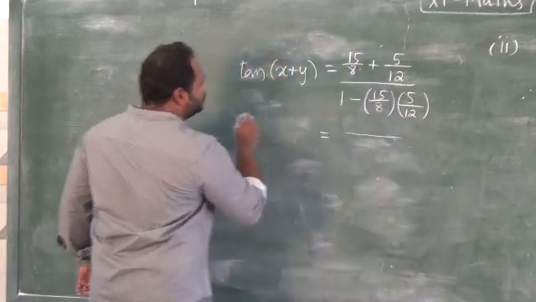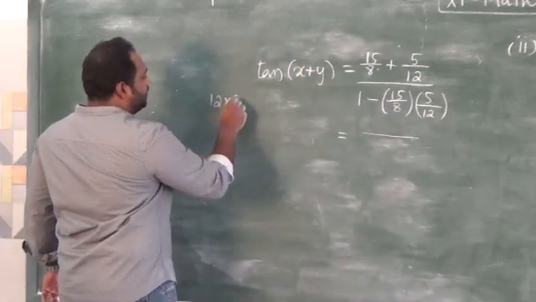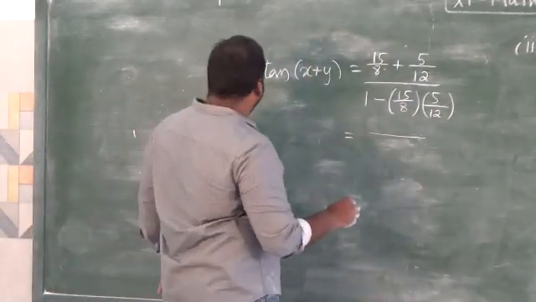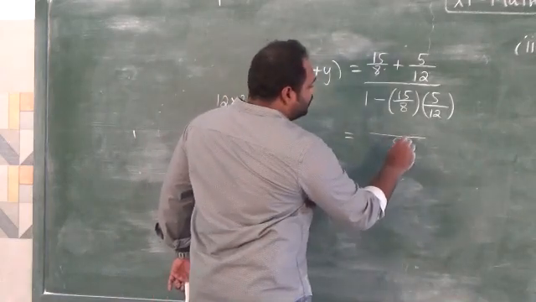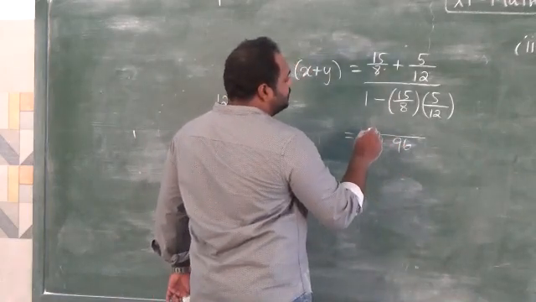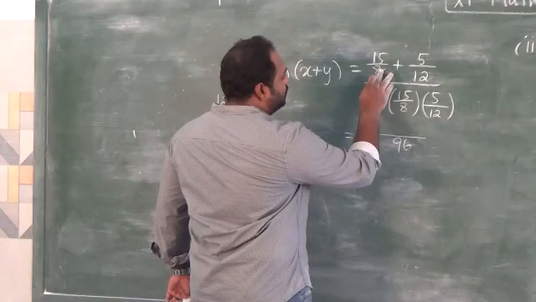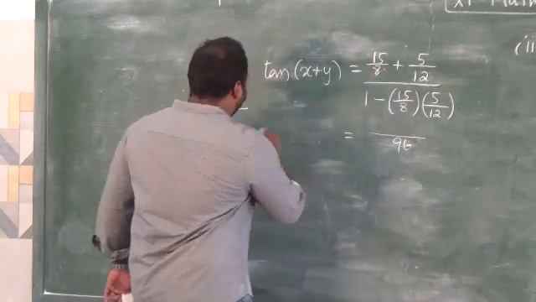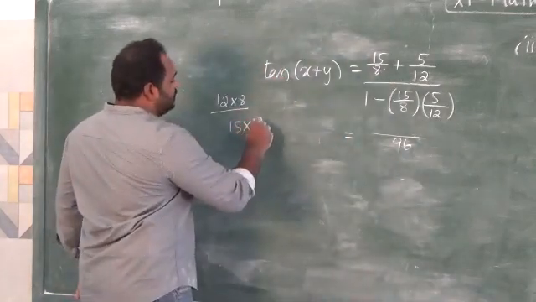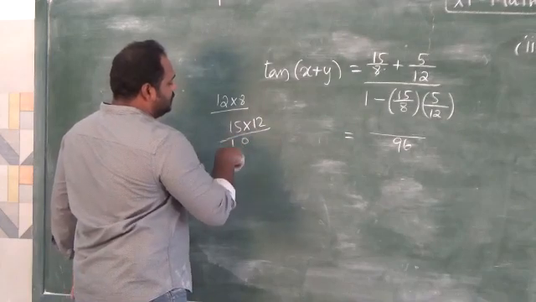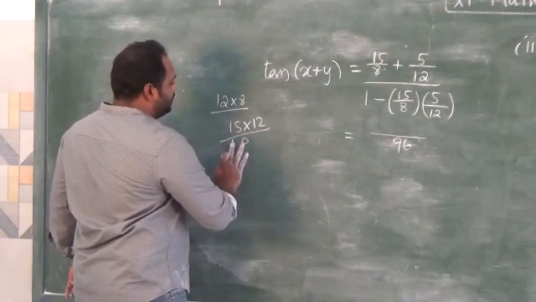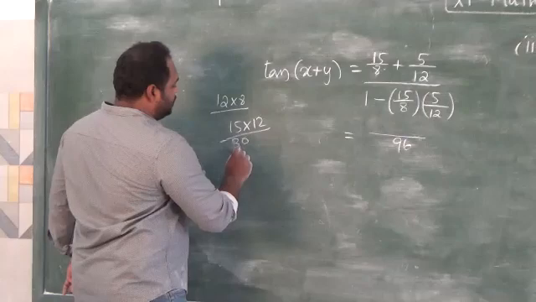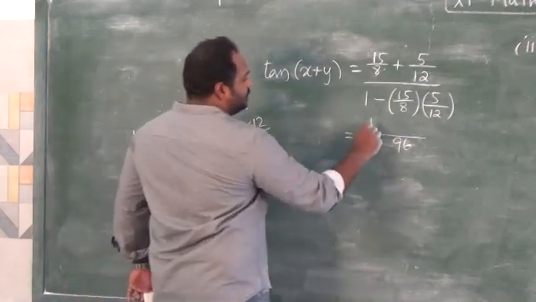Multiply this, 12 into 8 is 96, no? Here we have to multiply with 12, so 15 into 12 is 180.